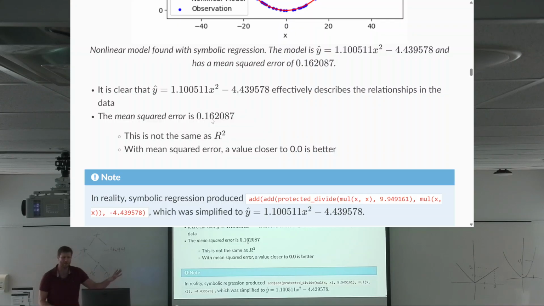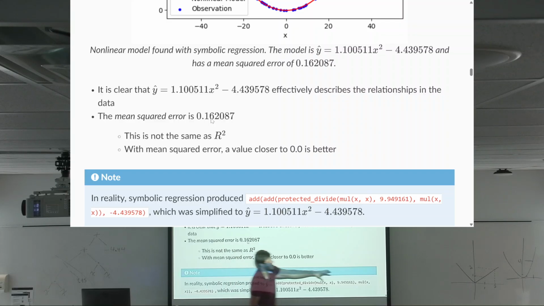Any questions about that idea? You can do whatever you want here. You can make your fitness measure whatever you want to encourage whatever you want. Mean squared error is pretty typical, pretty simple, straightforward, but yeah. Cool?